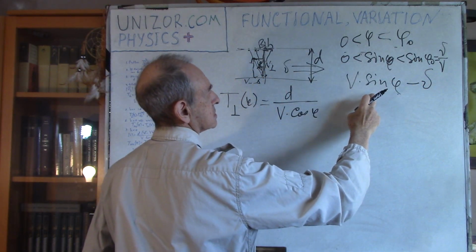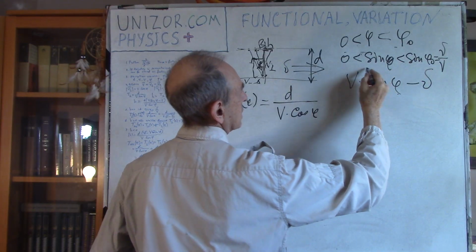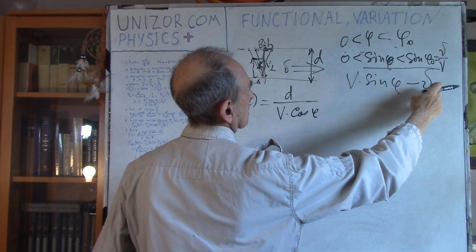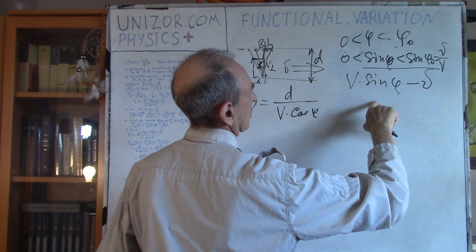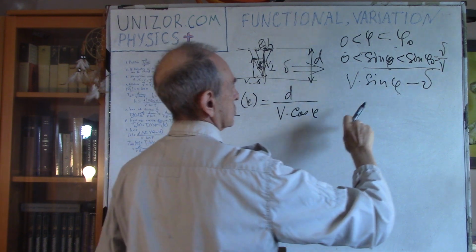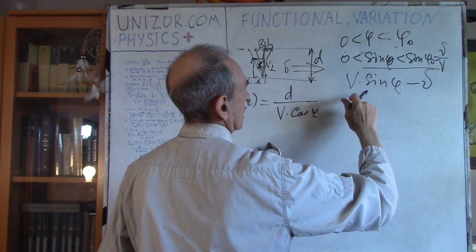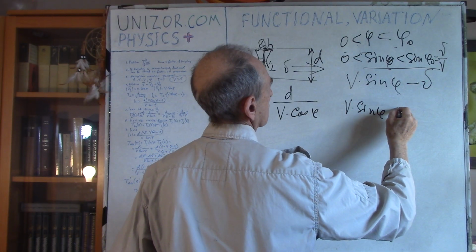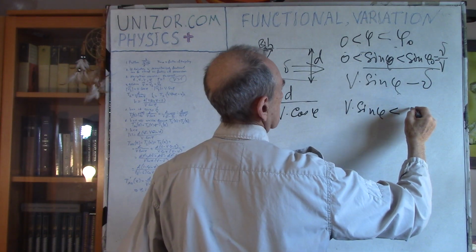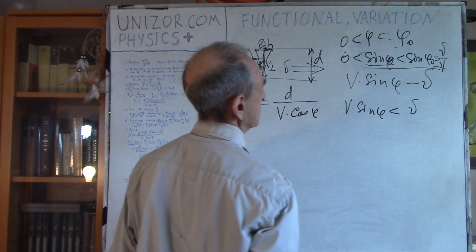So then, if I multiply this by v, v sine phi should be less than u, right?